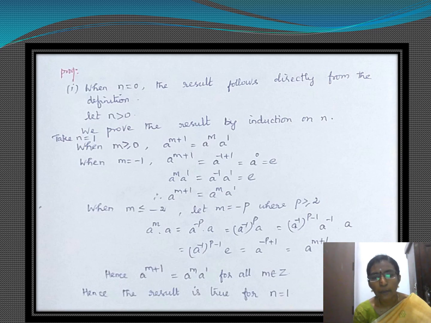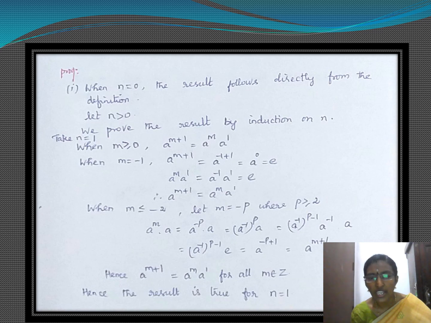Therefore, a^(m+1) equals a^m into a^1. Suppose m is less than or equal to minus 2. Let me take m as minus p, where p is greater than or equal to 2. Then a^m into a^1 equals a^(-p) into a, which is equal to (a inverse)^p into a, which is equal to (a inverse)^(p-1) into a inverse into a.